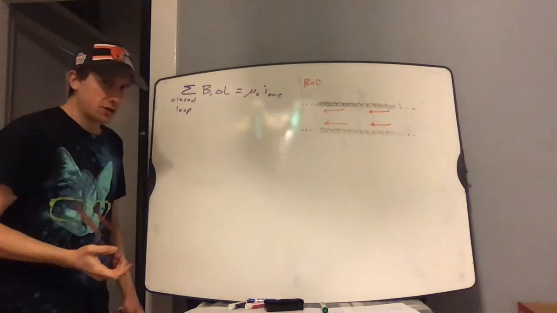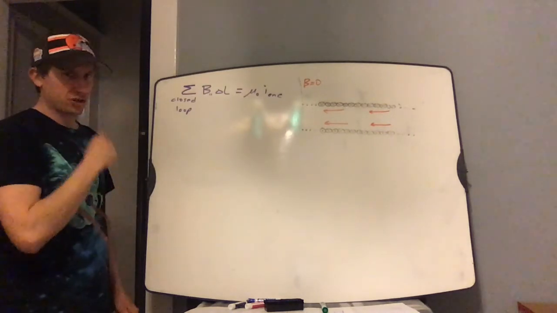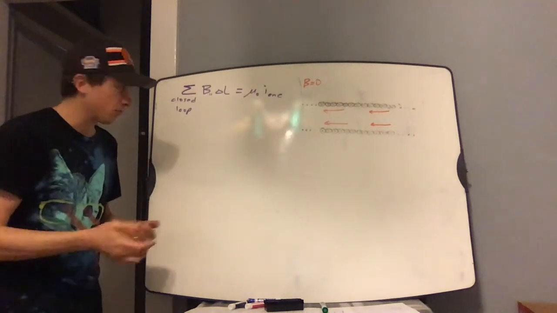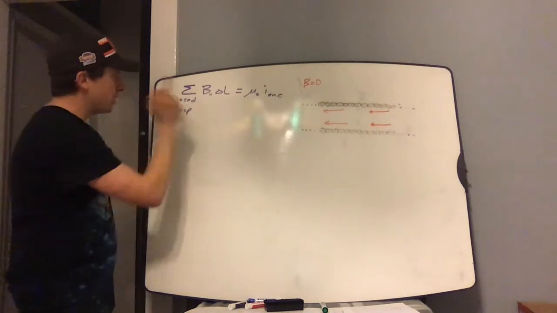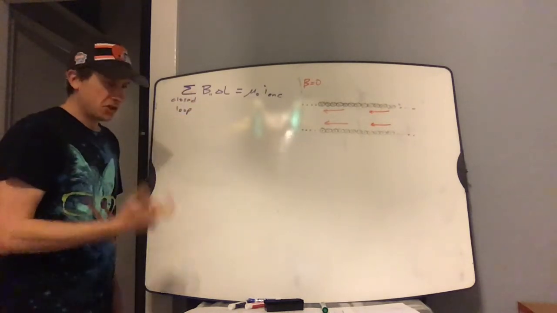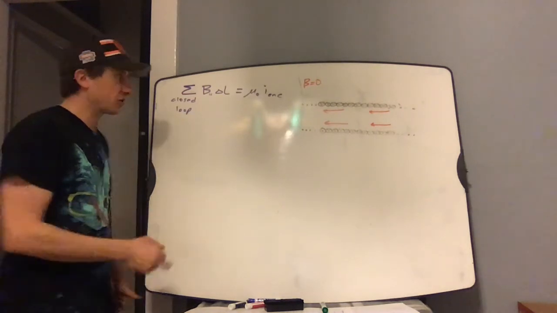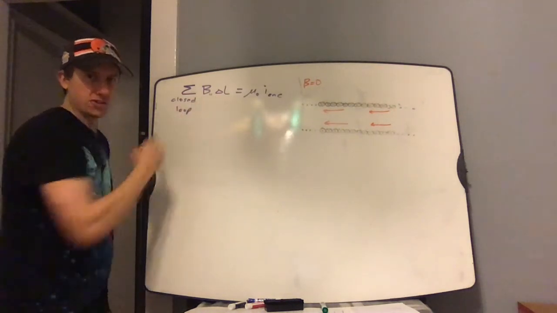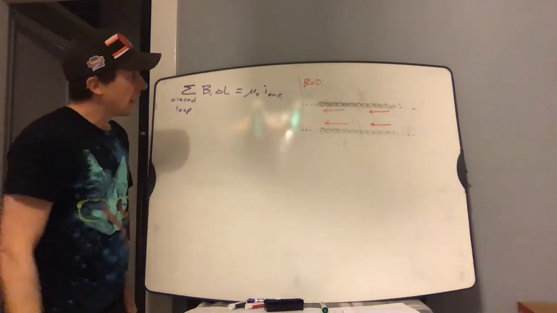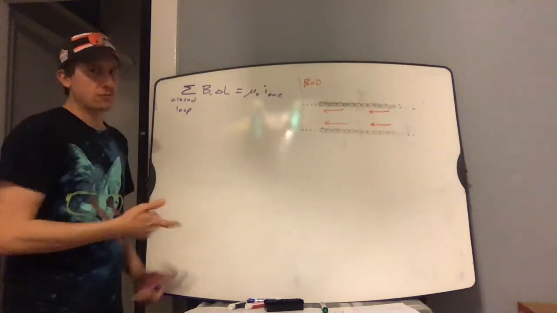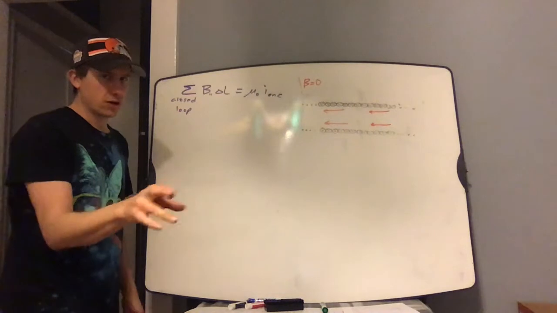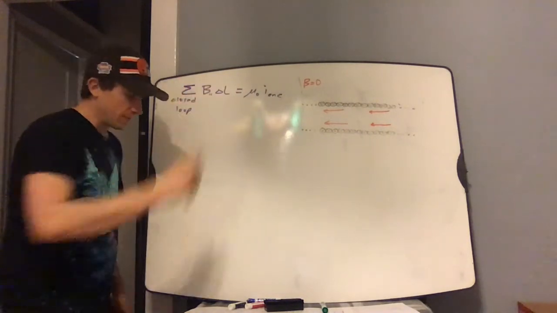If I walk in a closed loop, I could picture that I have to come back to my starting point. B parallel is just how much of the magnetic field, if there is any, is in the same direction as the step I take, where the step size is delta L. I could imagine walking around some wires, so maybe some wires are coming or going, and that would be my I enclosed.